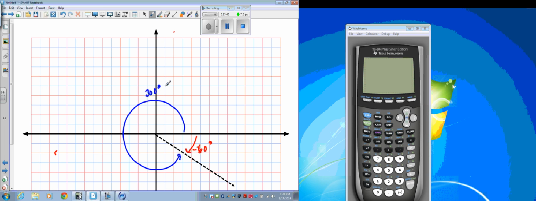Now, I'm asking for the reference angle. And the reference angle is always the angle between the terminal side and which axis? It's going to be the terminal side and the x-axis. What is this angle right here?